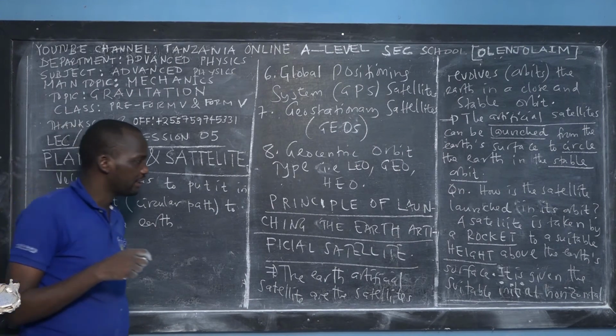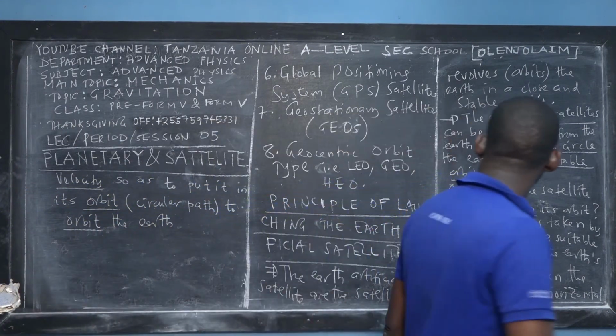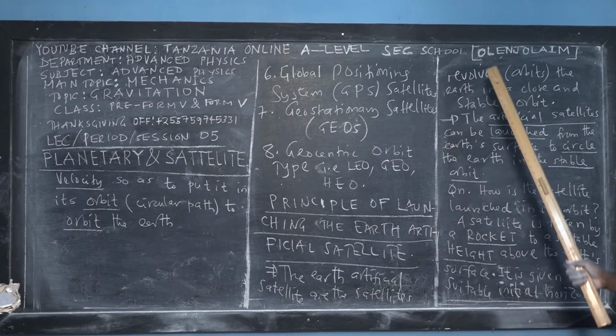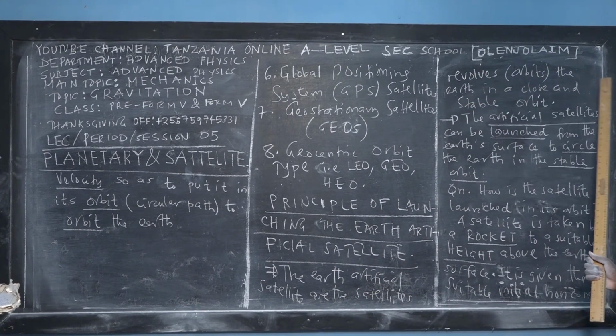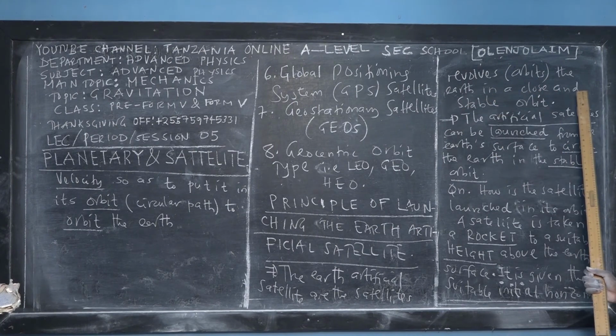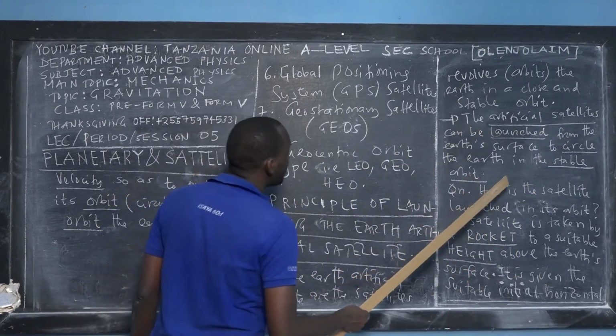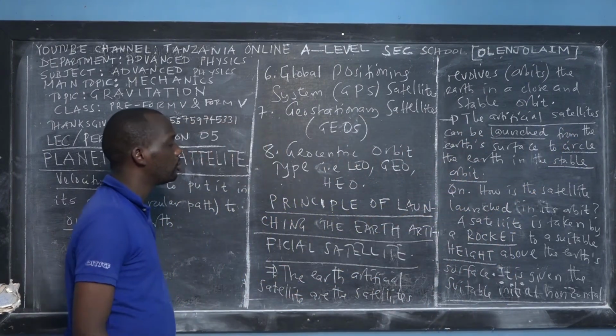So let me explain the concepts of the principle of launching. We said that we are learning the principle of launching. The artificial satellites are satellites that revolve around or orbit the Earth in a closed and stable orbit. The artificial satellites can be launched from the Earth's surface to circle the Earth in a stable orbit.